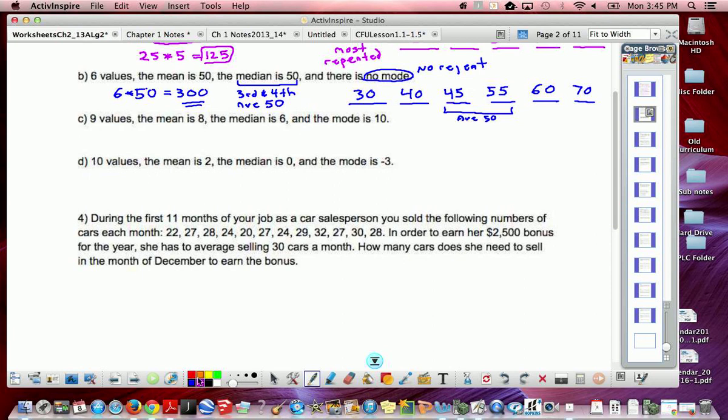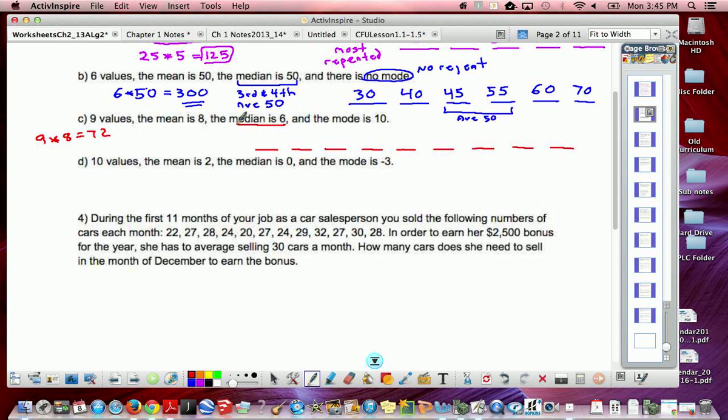Moving right along to letter C. On letter C here it says 9 values, so they're starting to get even bigger. So 1, 2, 3, 4, 5, 6, 7, 8, 9. The mean is 8. So 9 times 8 is 72, so they all have to add up to 72. The median is 6.